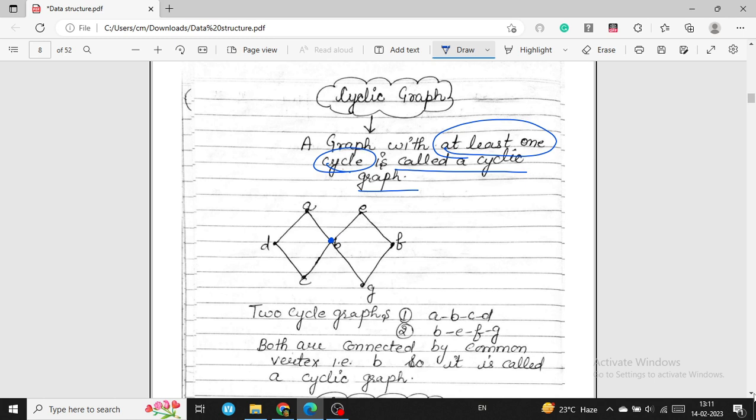A, B, C, D is already a cycle graph. E, B, F, G is already a cycle graph. But in both graphs, there is a common vertex which connects both graphs, and that is known as a cyclic graph. You can see there are two cycle graphs, A, B, C, D and B, E, F, G. Both are connected by a common vertex, that is B. So it is called a cyclic graph.